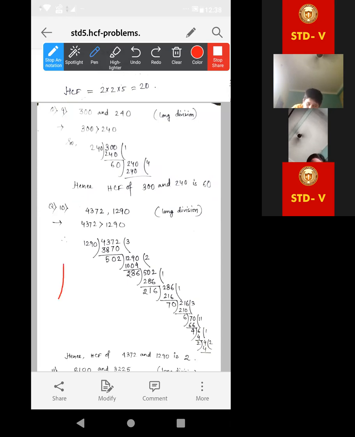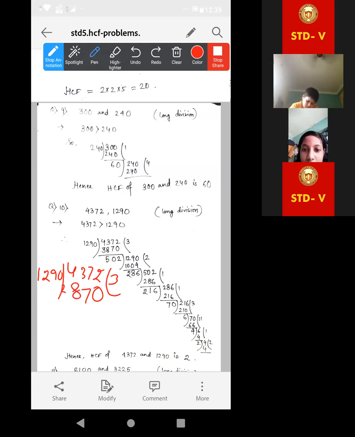I'm showing it over there, 4372. If we divide it by 1290, so by 3 only it will be divisible. 3 times 0 is 0, 3 times 9 is 27, carry 2, 3 times 2 is 6 plus 2, 8, 3 times 1 is 3.